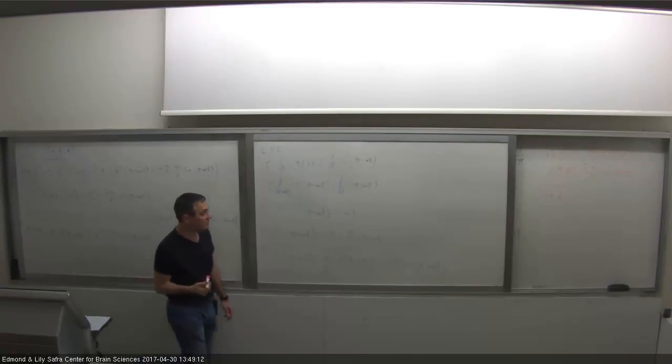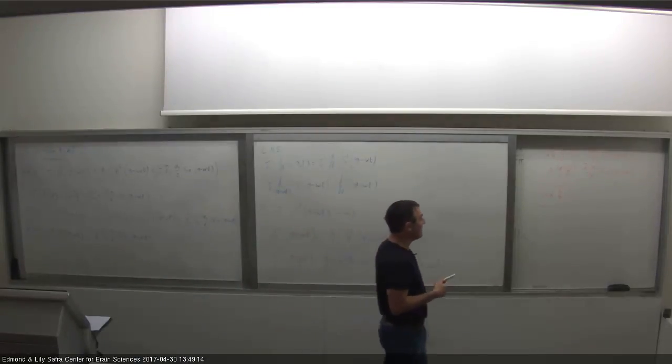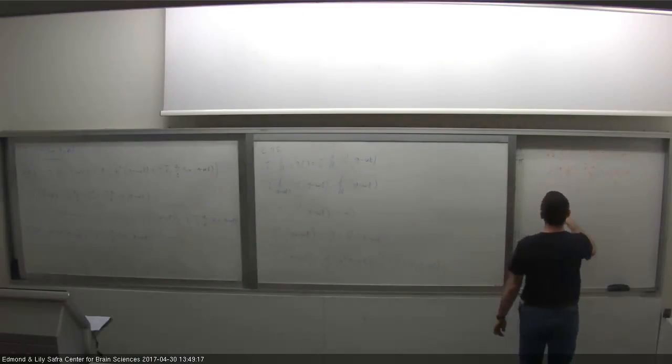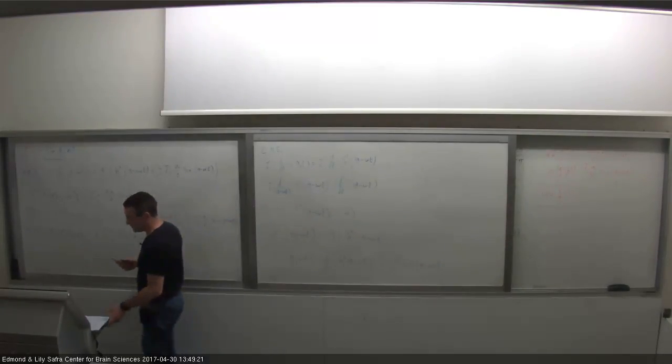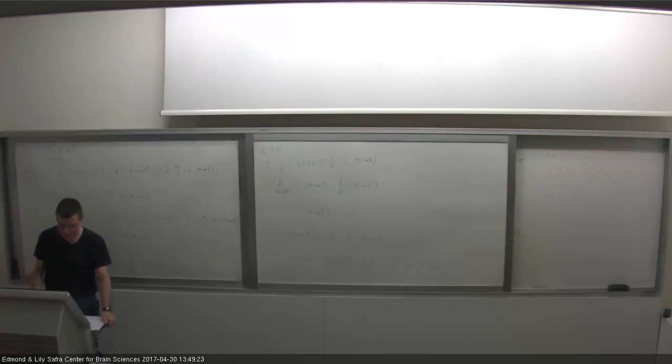But if we're only interested in the first order term, then this is dominated by the original shape of the bump, and we don't care about the order epsilon corrections to the bump. Questions?